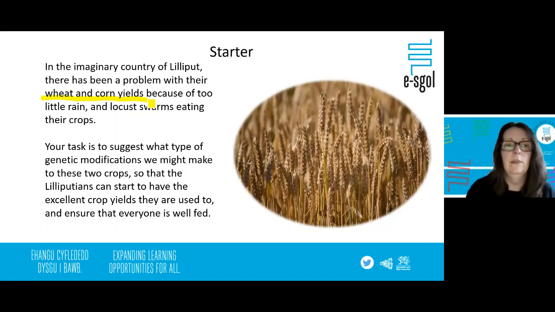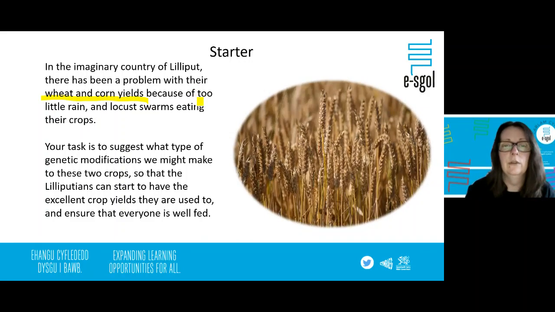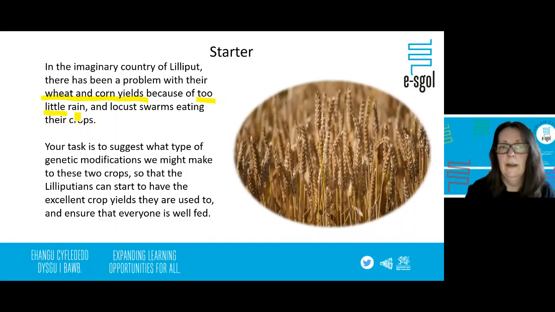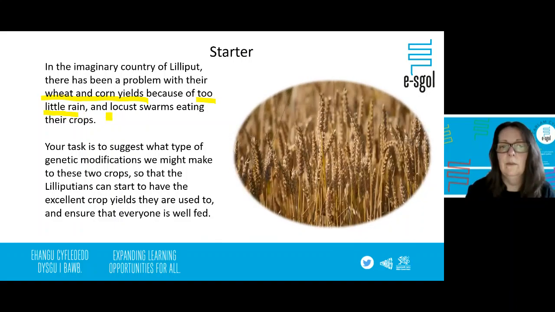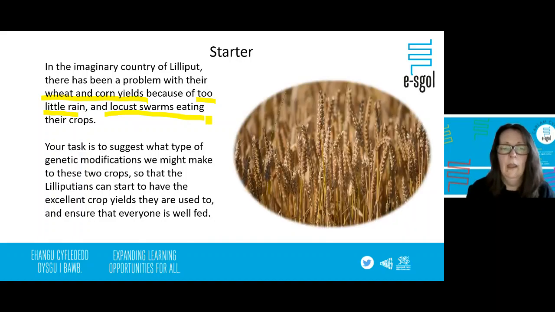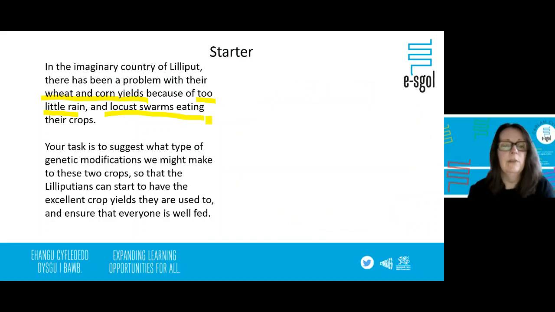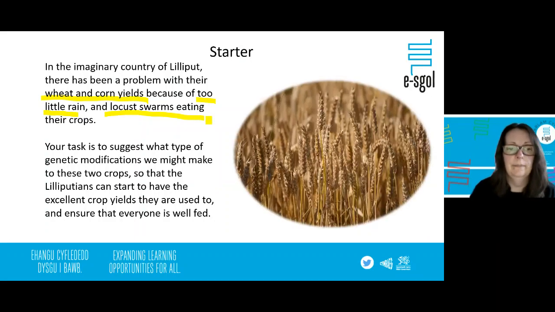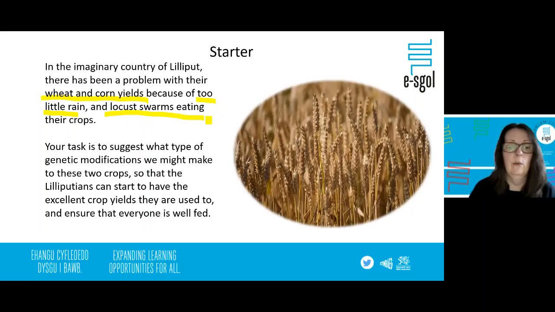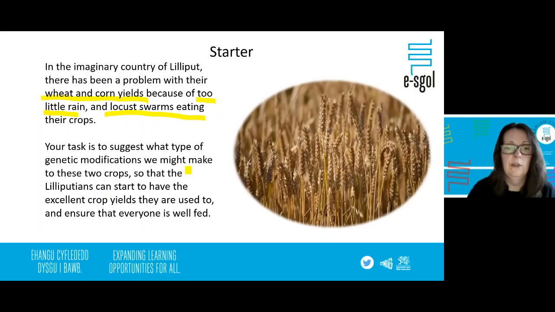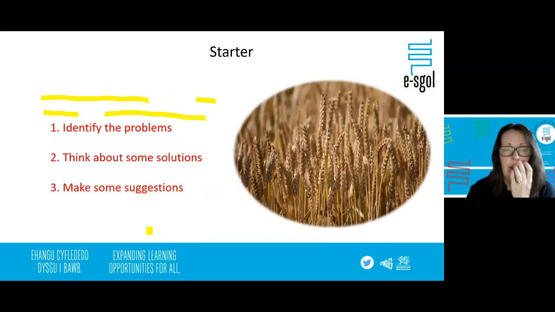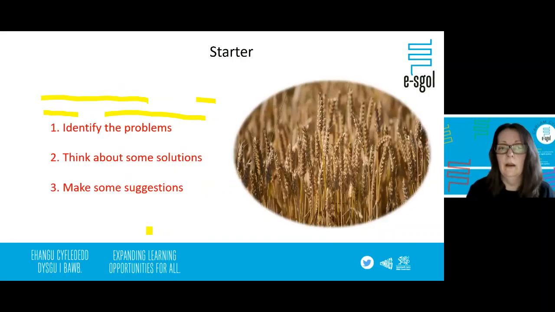And the reasons for that is that we've got not very much rain, and we've got locust swarms that are eating the crops. So we need to think about what genetic modifications we could do to these crops to make sure that everyone is well fed.